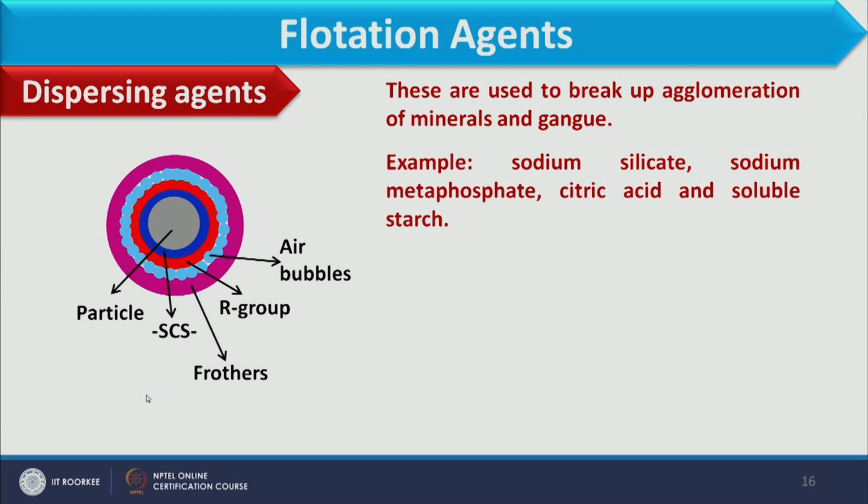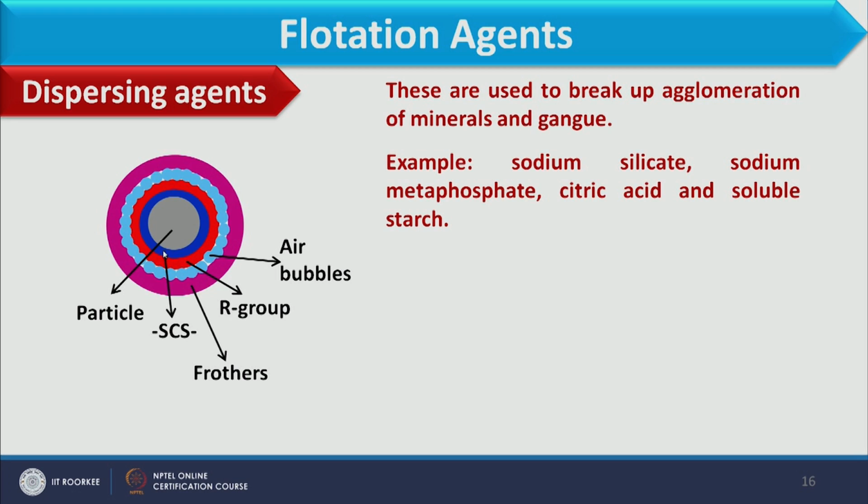Now, once we are using different flotation agents, what happens with the material? You can see this figure here. At the center we have the particle, and before the collector we should use the modifier if I have a mixture. That modifier changes the surface characteristic as we have discussed. Once I have a particle, we add collectors, and if you remember, the xanthate radical of the collector is used to join the particle and the collector.